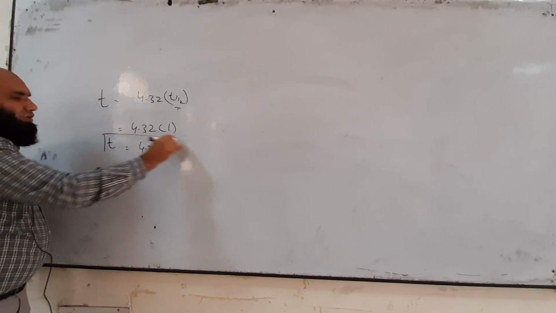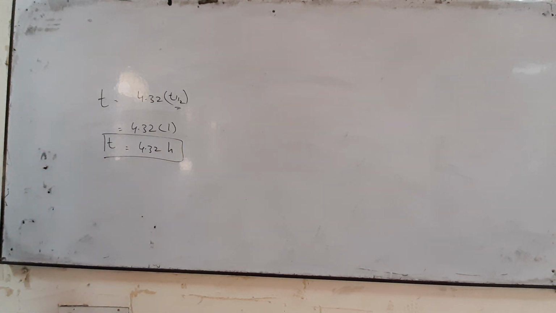For example, the drug which you are discussing for the pharmacokinetic profile has a half-life of 1 hour. We will take the blood samples for at least 4.32 hours. In case of a drug having a half-life of 2 hours, then we will apply this 2 with the 4.32.